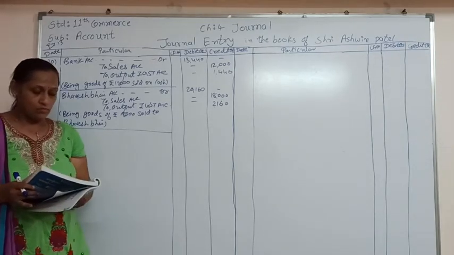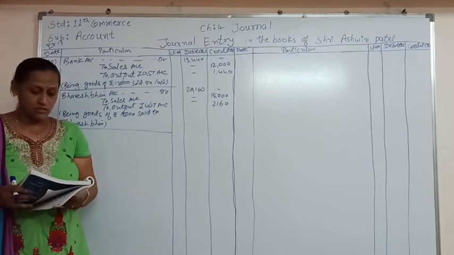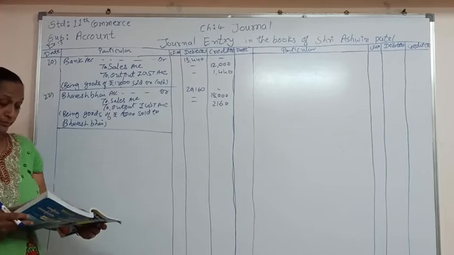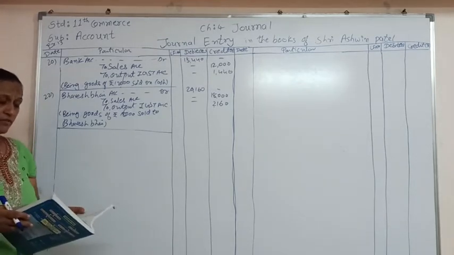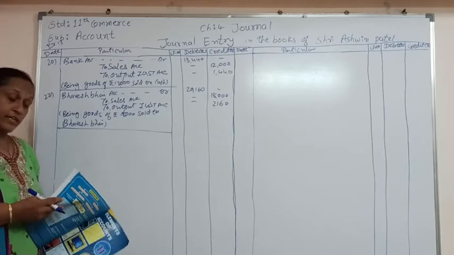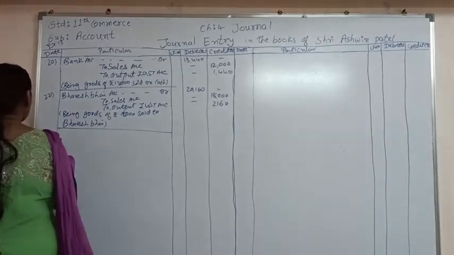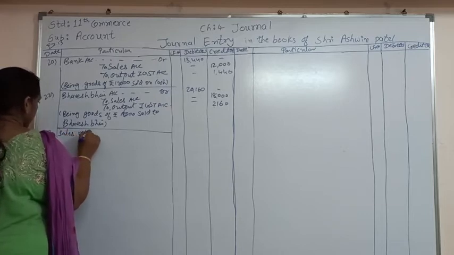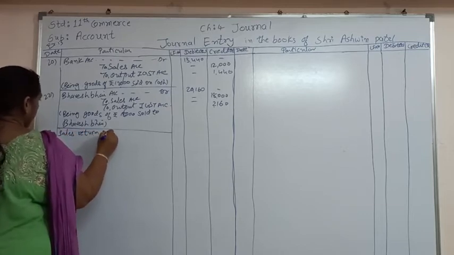Goods of rupees 2,500 of original cost returned by Vinod Bhai of Valsad. So here original cost means we have to calculate the GST on it. So here it is a sales return, and for sales return we know the sales return account is going to be debit. Sales return account debit.